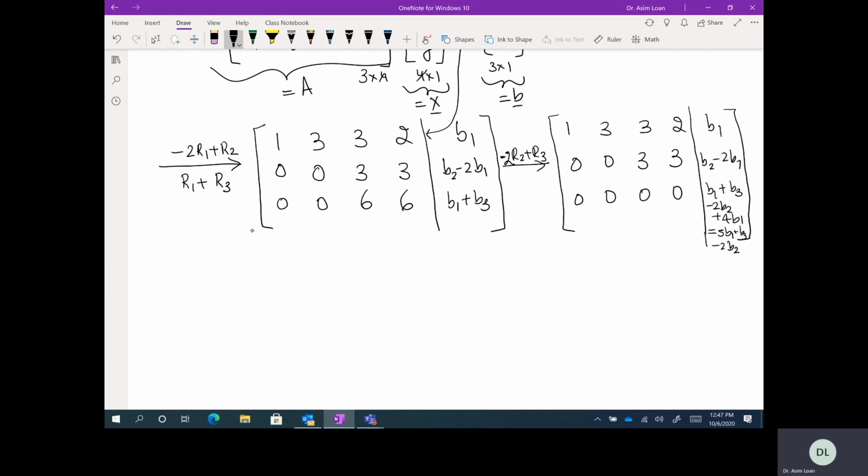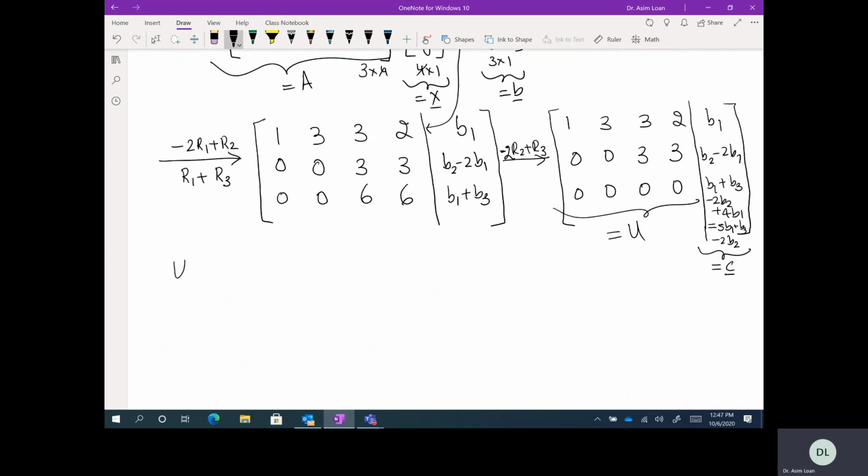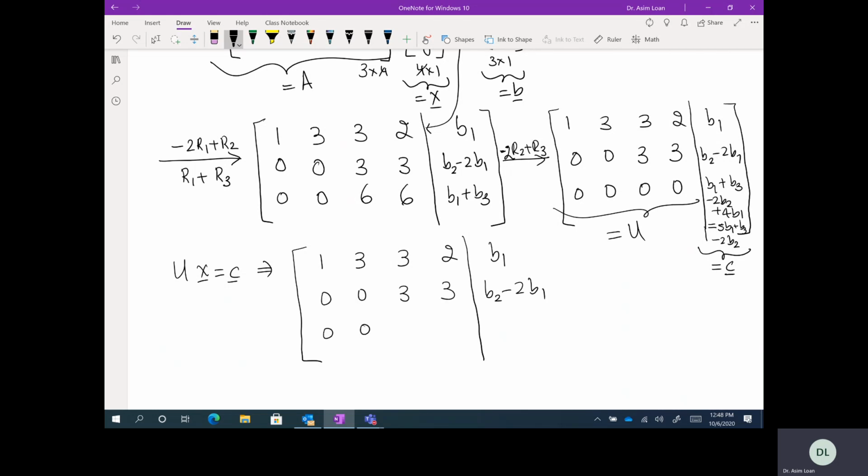So this is my U, and this is my c. Ux is equal to c. Let me write it over here: Ux equals c implies 1 3 3 2, b1, b2 minus 2b1, this is 0 0 3 3, 0 0 0 0, and this is b3 minus 2b2 plus 5b1.